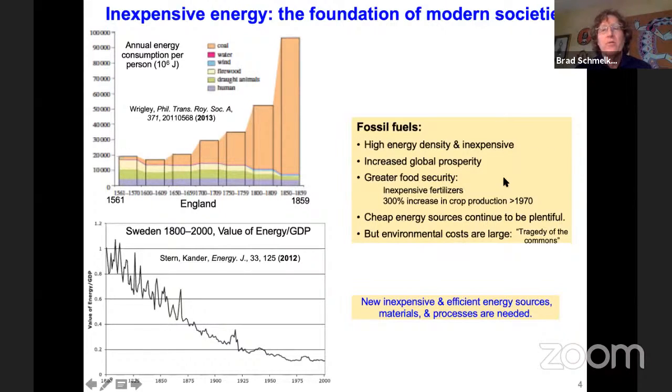A 300% increase in crop production, in only 1970. So these cheap energy sources are plentiful and will continue to be plentiful throughout our lifetimes. Coal is around for even longer than that.